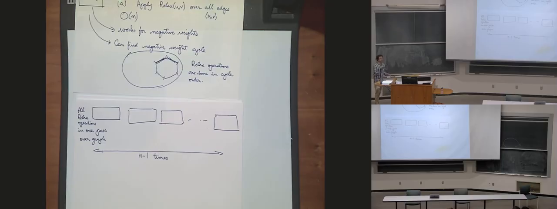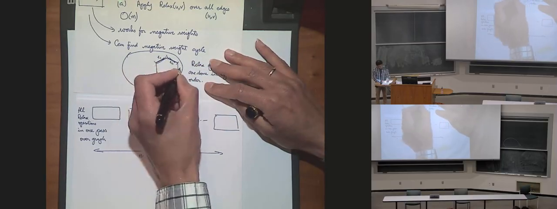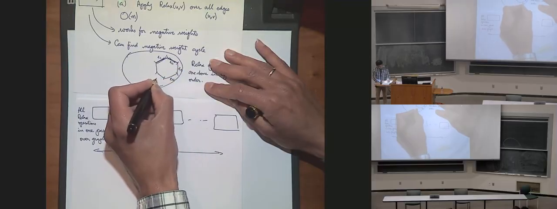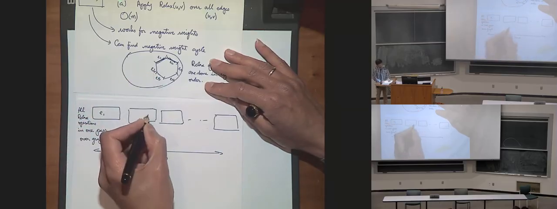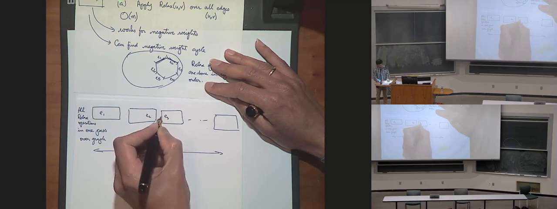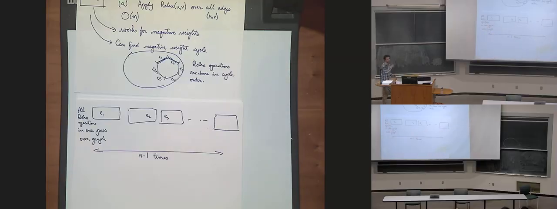You do this n minus 1 times. Which means that if you look at this edge, I'm going to call this E1, E2, E3, E4, E5, E6. E1 is going to be here somewhere, and E2 is here somewhere, E3 is here somewhere, and so on and so forth. So once you do all of these, you will do them in that order. That's the logic. Okay?